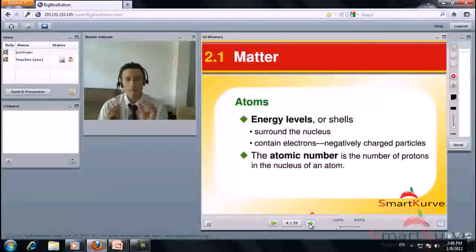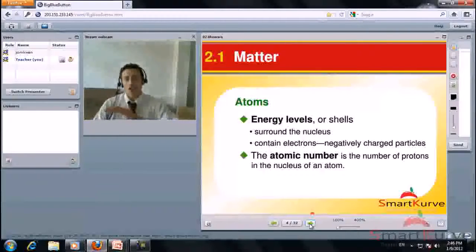Now, most of the time, an atom will have the same number of protons and electrons. So we have the same number of positive charges and negative charges. Now those electrons are found in the space outside the nucleus.